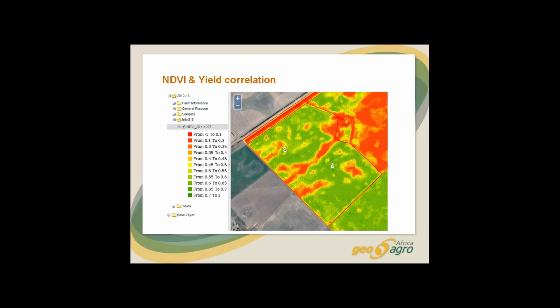So we see this pattern repeating over and over between 45 and 60 days before harvest, if we have a more or less normal year without extreme events. In most of the extensive crops, canola, wheat, sunflower, corn, sorghum, we see that there's a very close visual relation between NDVI and yield.